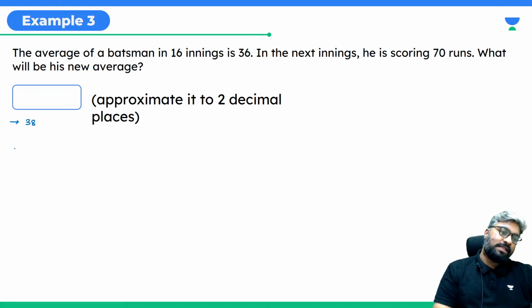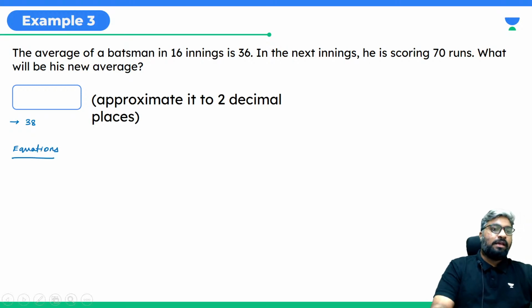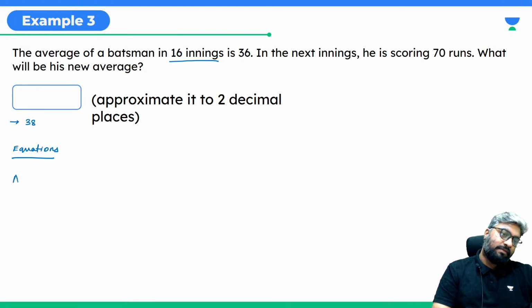If we try this with equations, इसे equations से try करते हैं, ठीक है? The average of a batsman in 16 innings is 36. So can we say that the average of 16 innings, which is nothing but sum of total runs in the 16 innings by 16, is equal to 36?